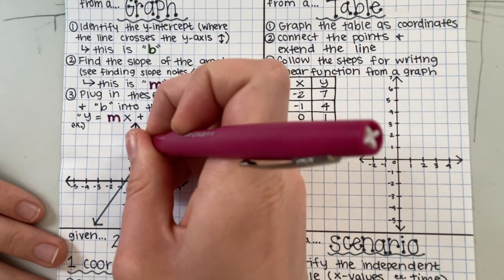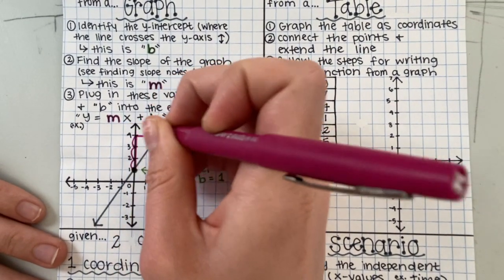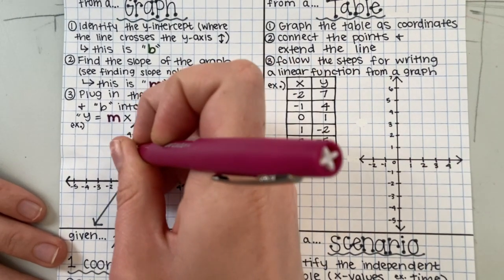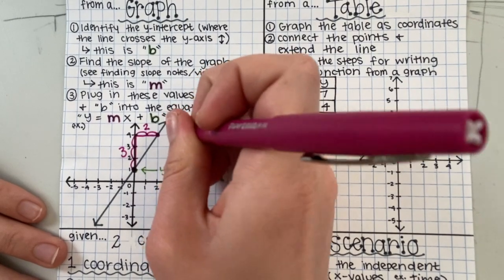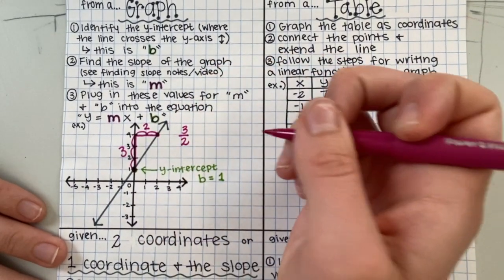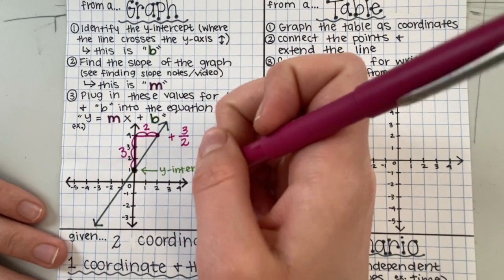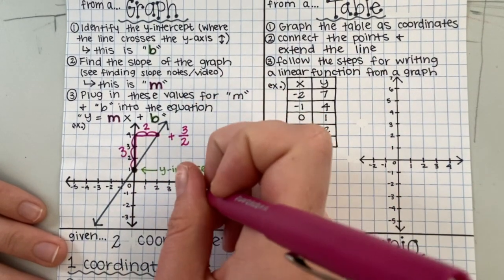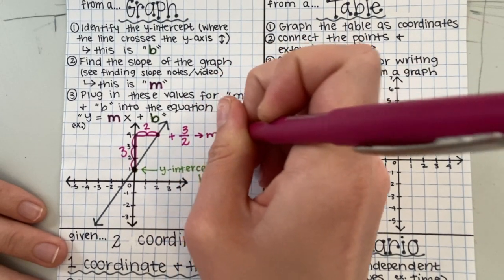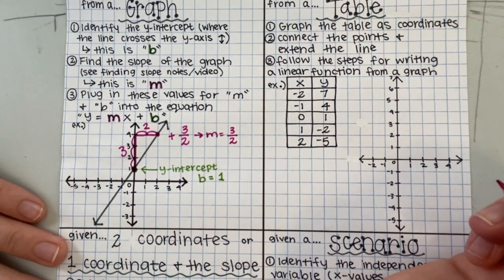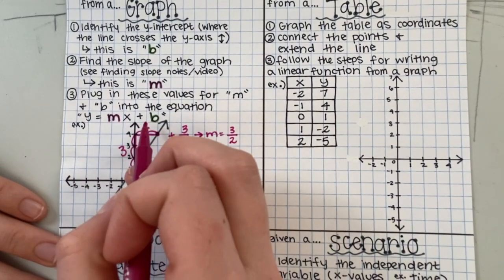I need to draw a right triangle and I need to count the units. My slope here is 3/2, and I know that this is positive because my line is going up. So I have found m. m equals 3/2. Then I just need to plug these values into the equation.